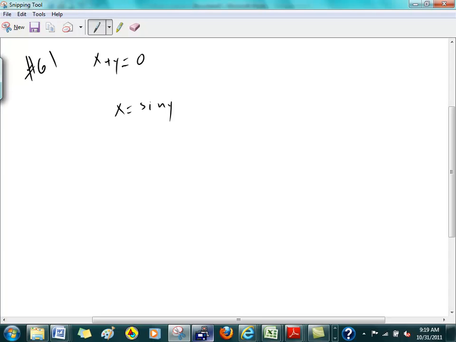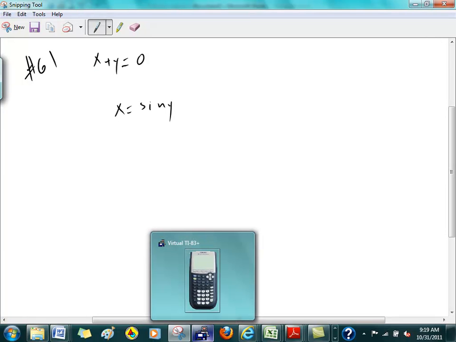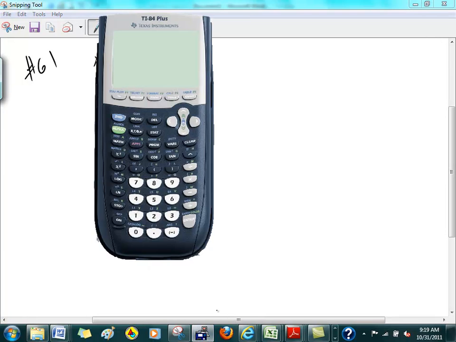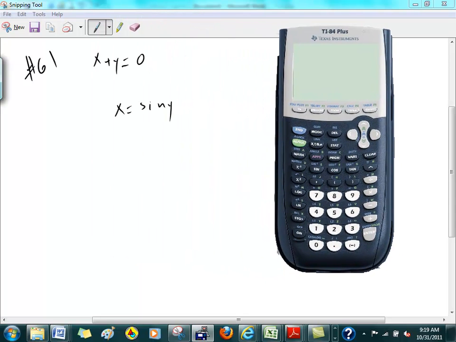Is the problem not being able to put it in the calculator? You just do it how you normally do it, except in this one it's going to be y equals sine inverse of x. So how do you do the inverse? It's right over the sine button, the second button.